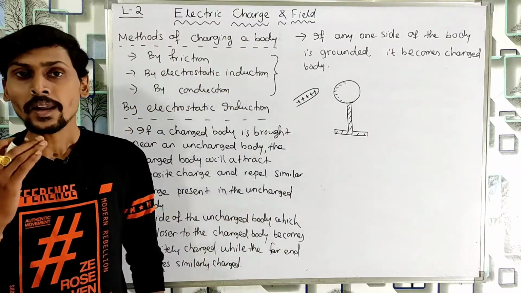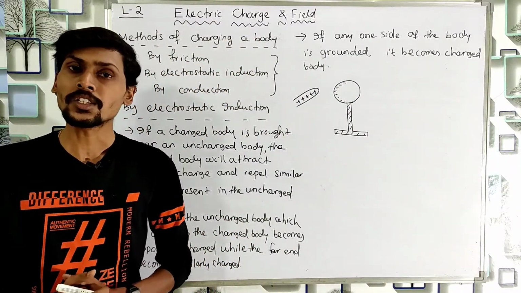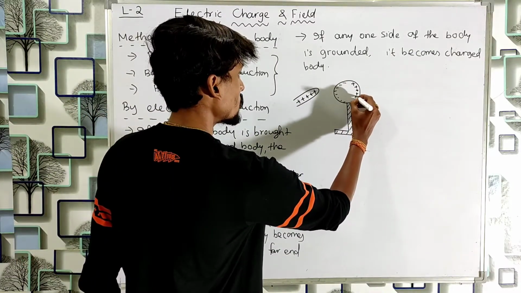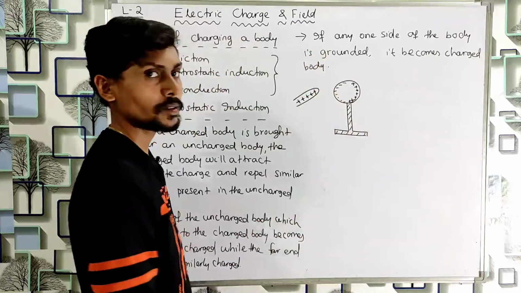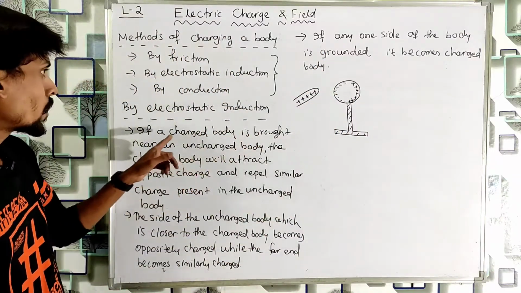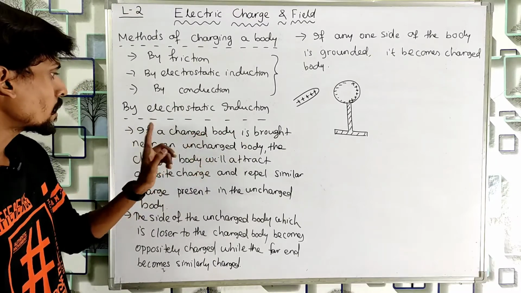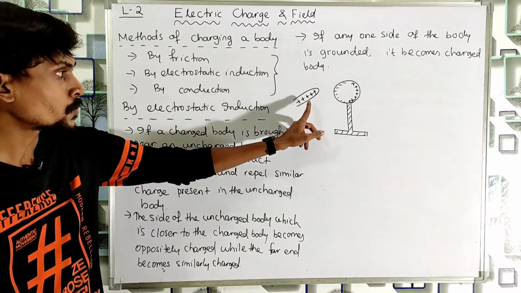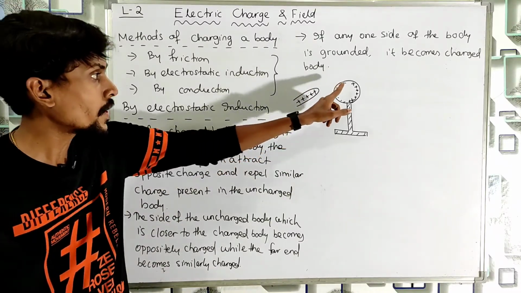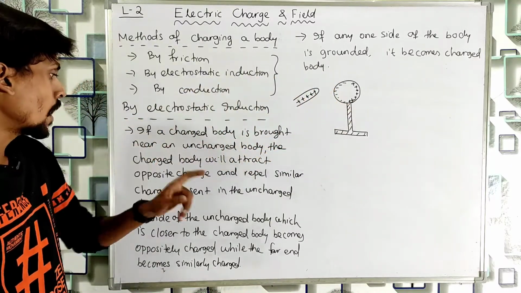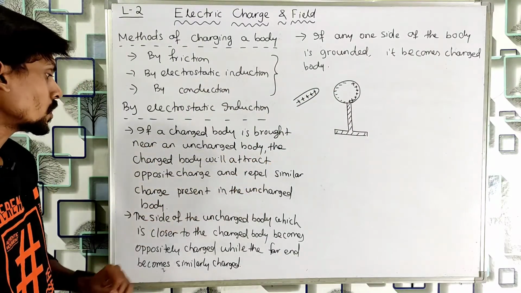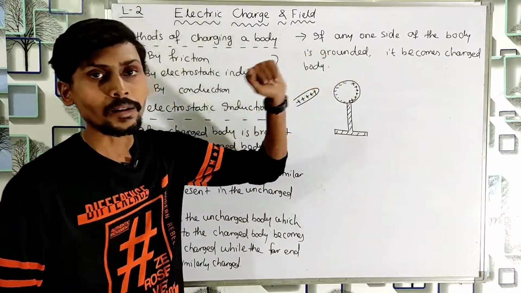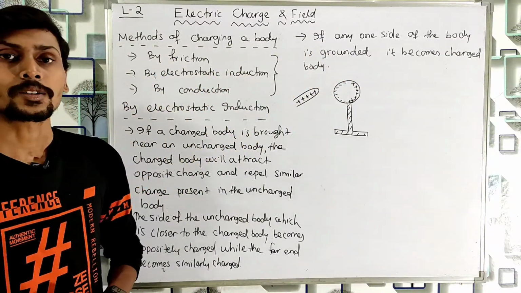We will have less concentration or deficiency of electrons, meaning this end will become positively charged. Is that clear? So when you bring a charged body near an uncharged body, this charged body will attract opposite charge. Since this is positively charged, it will attract the negative charges in the sphere, and it will repel the similar charge in the uncharged body. Means due to the repulsive force, at the farther end we will get the similar type of charge.